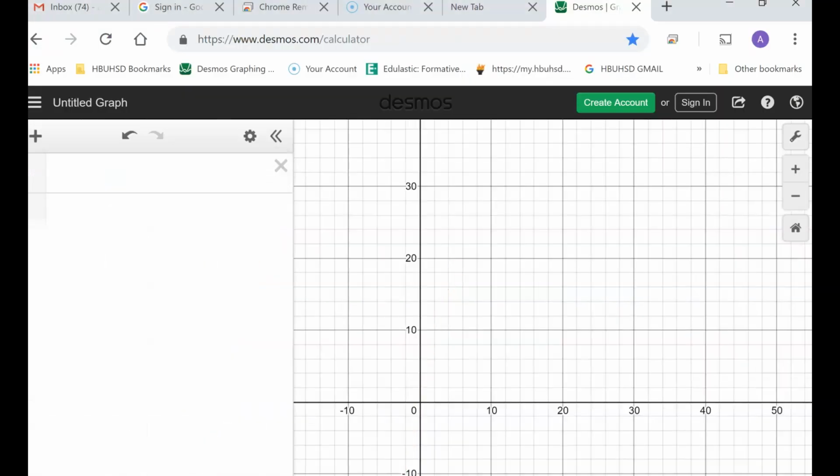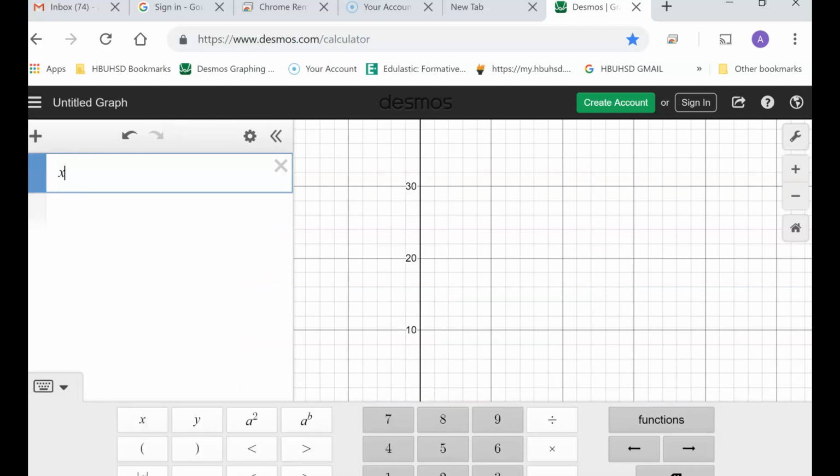X that out, and what I want to enter is 25x first, or I guess I can technically do negative x to the third first. Well, 25x, let's do that first. Subtract x to the third.